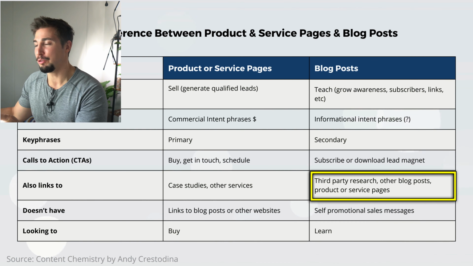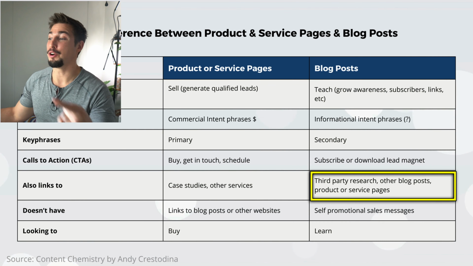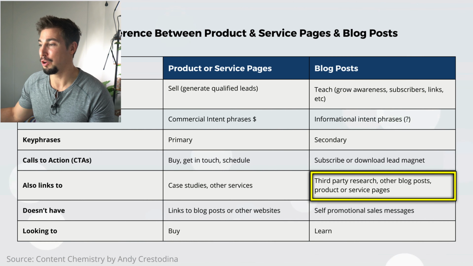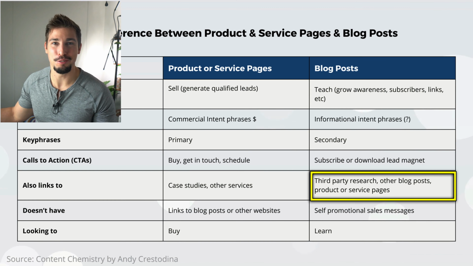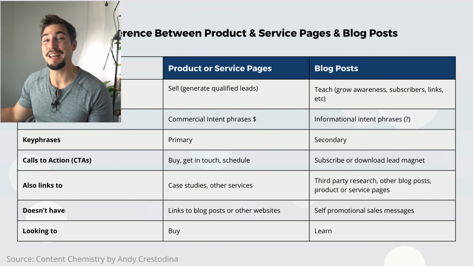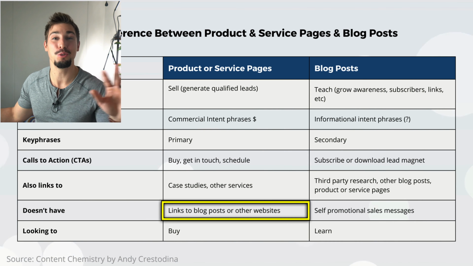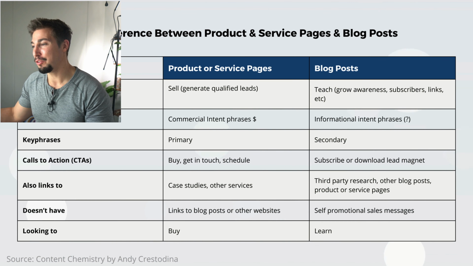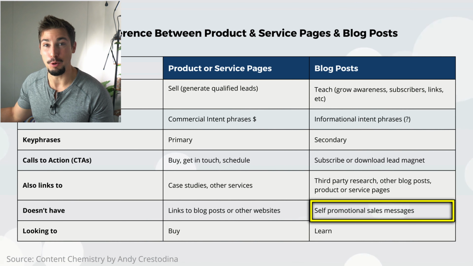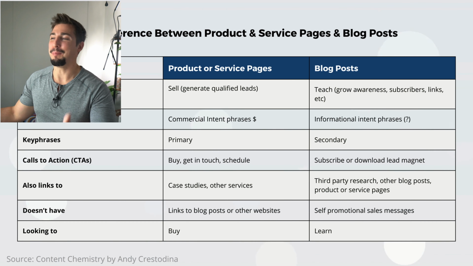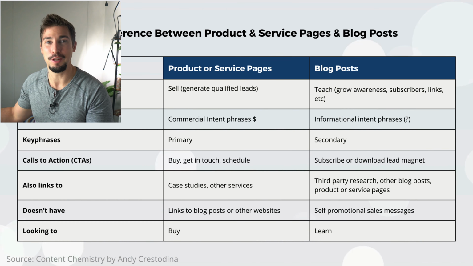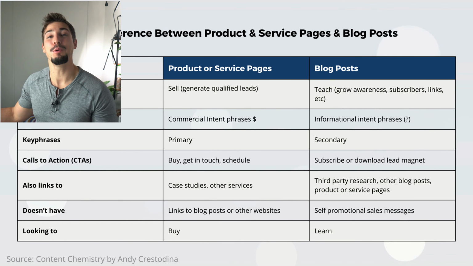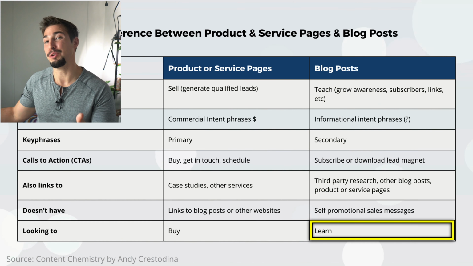But on your blog posts, you're going to link out to things like third-party research, other blog posts, or your product or service pages. Your product or service pages will not have links to your blog posts or to other websites, whereas your blog posts are not going to be self-promotional or salesy. Basically, people who are on your product or service pages are looking to buy, and people who are on your blog posts are looking to learn.